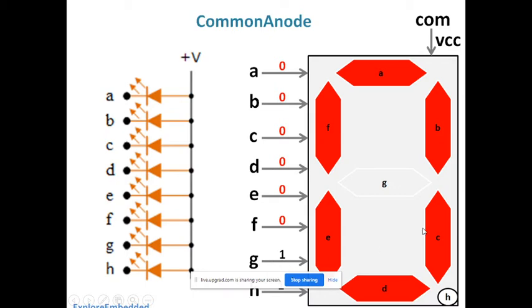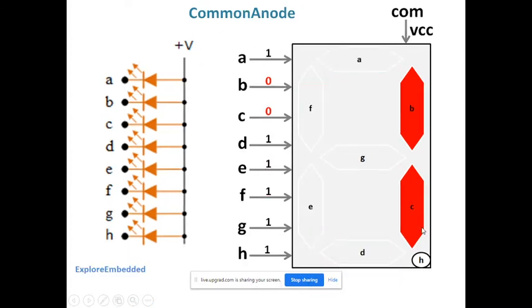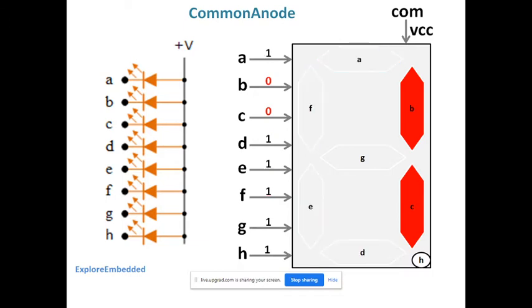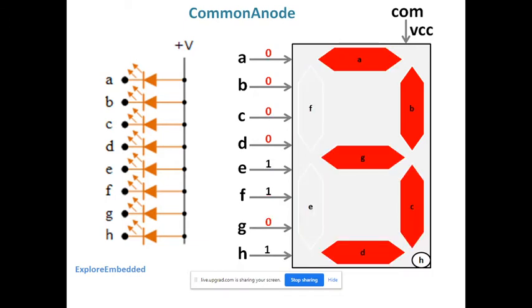When you connect this and dump the code, you get the output. Just see here, now 1 is displayed, then 2, 3, 4, 5, 6, 7, 8, 9, then 0. In this fashion we created the hex counter with the help of a 7 segment display.